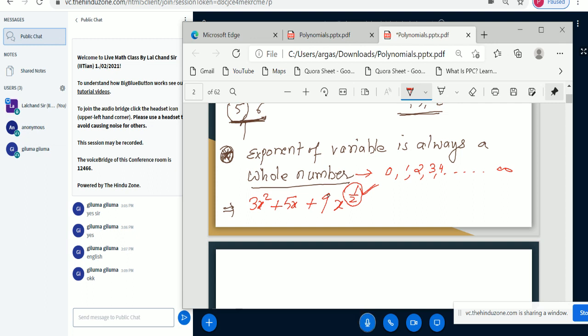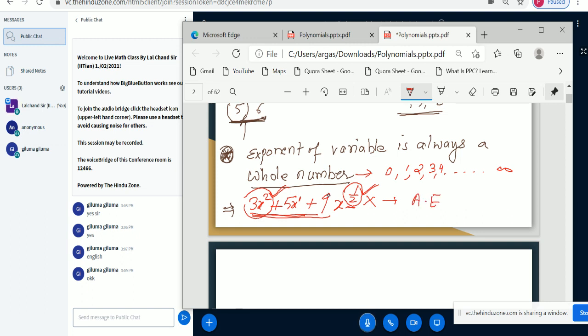So in this algebraic expression, the exponent means power, the power of the variable. Here the power is 1, but here the power is 1 by 2. That is not a whole number. So we can't say that this algebraic expression is a polynomial. It's simply an algebraic expression.